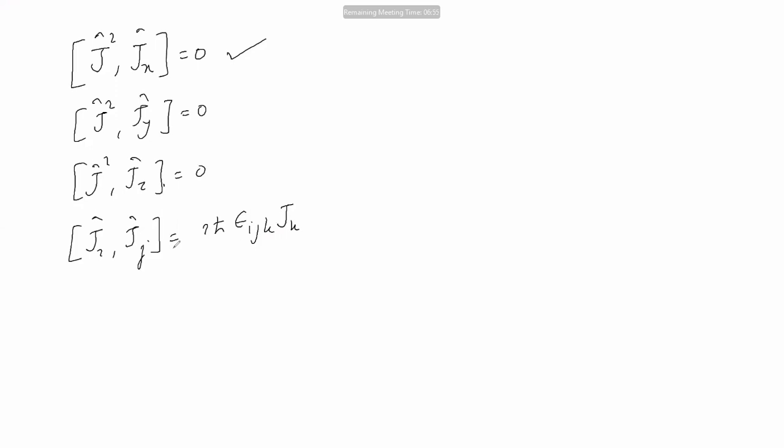Since J square commutes with Jx, Jy and Jz, but Jx, Jy, Jz among themselves don't commute, you cannot have a simultaneous eigenstate for all three of them.